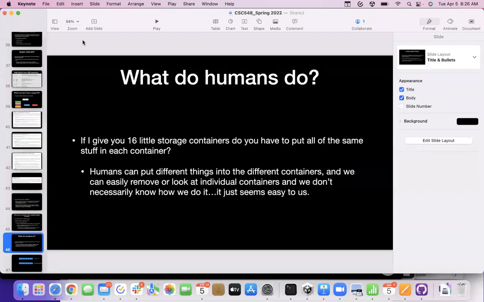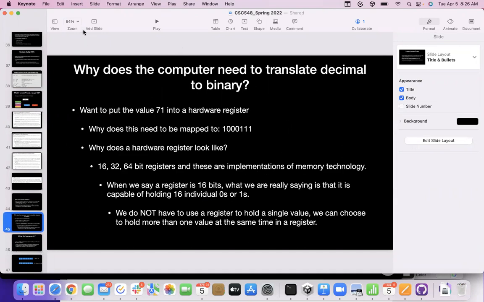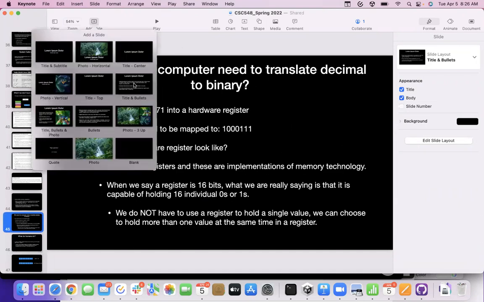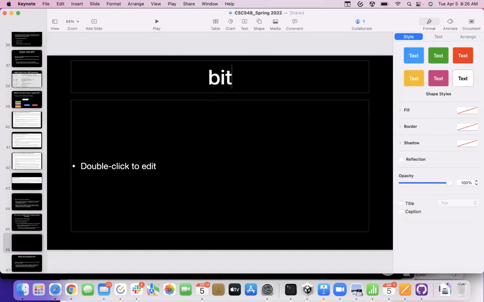So we need to look at a couple of operators. We're going to introduce something called bitwise operators.